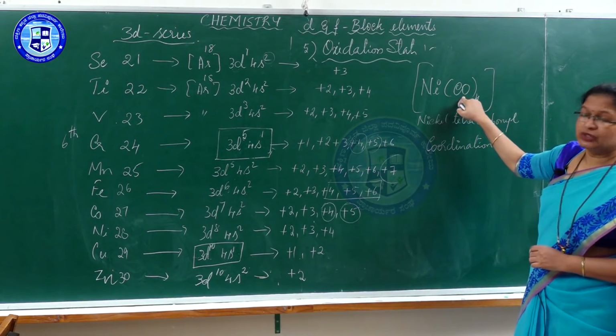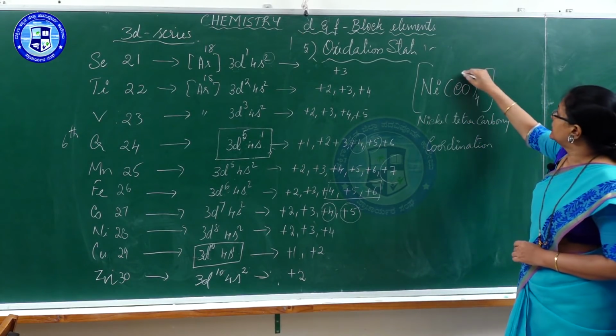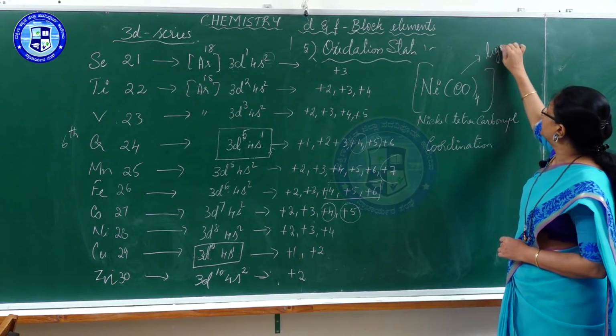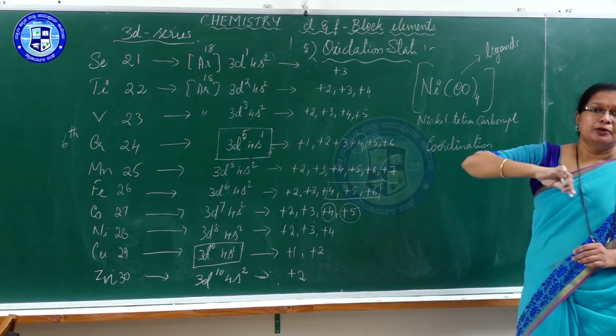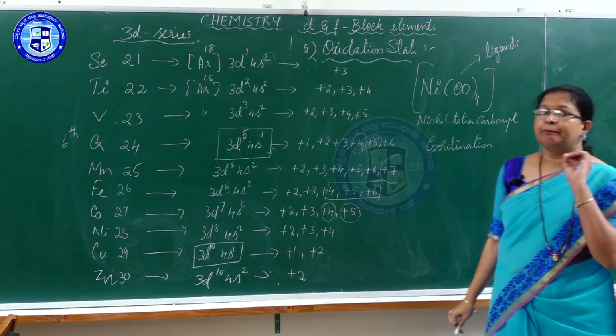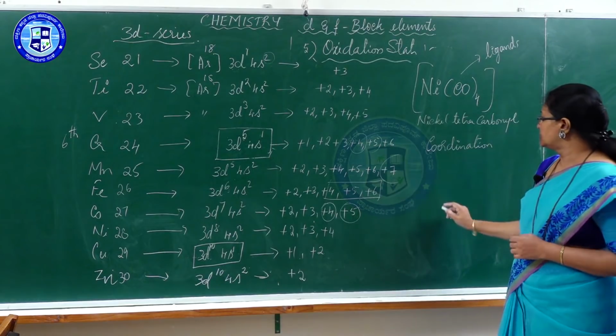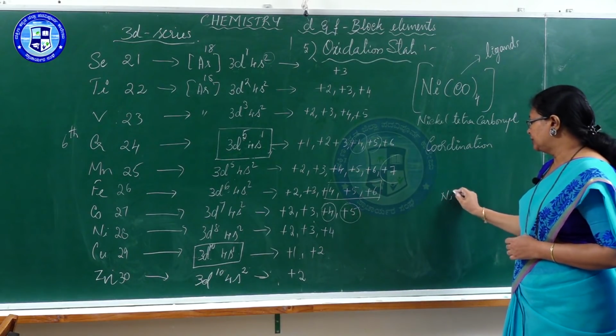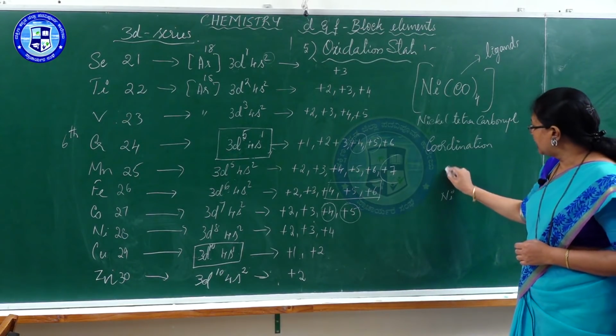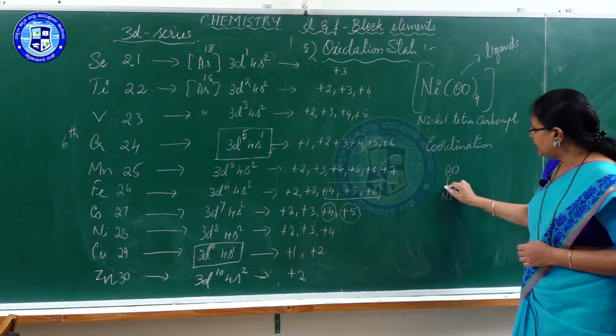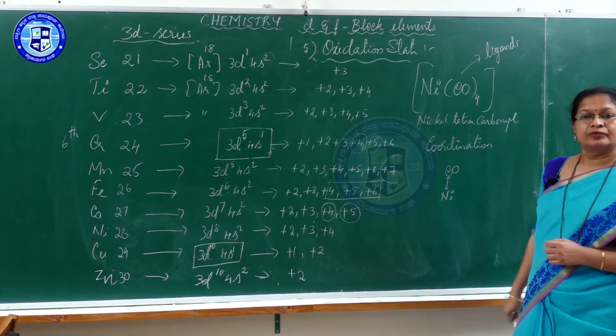This is CO, it is not carbon monoxide here. These types of groups are called ligands in coordination chemistry. The function of these ligands is to donate a pair of electrons. If I draw the structure of this nickel tetracarbonyl, carbonyl CO donates a pair of electrons to nickel.